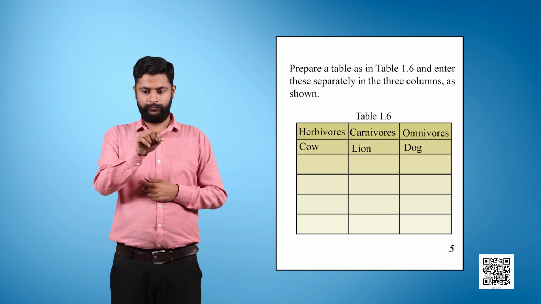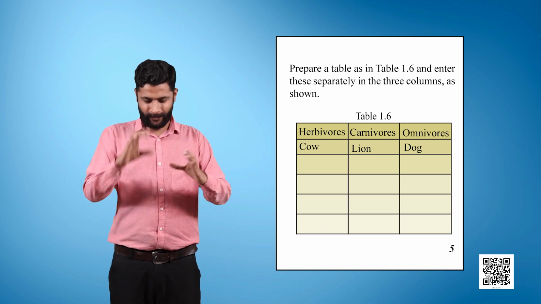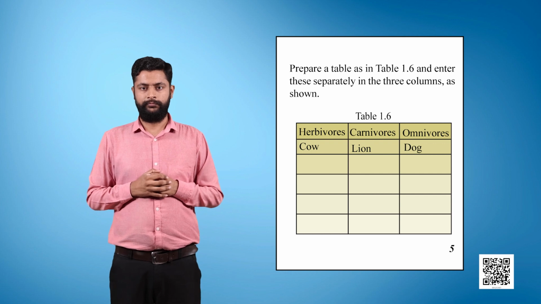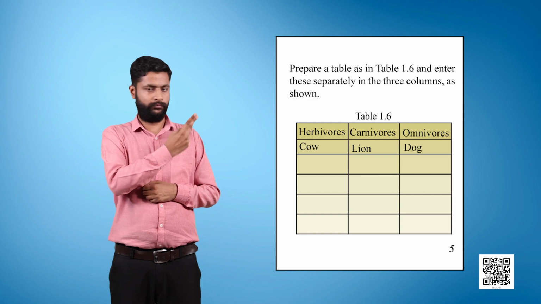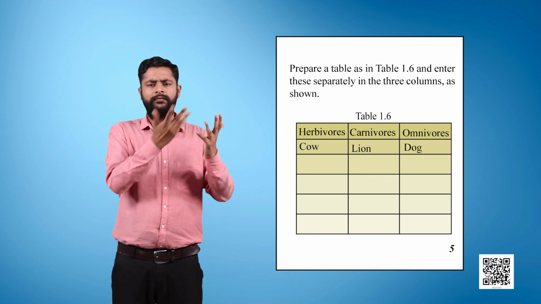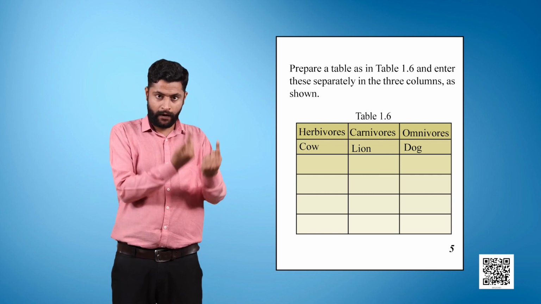Prepare a table as in Table 1.6 and enter these separately in the 3 columns as shown. Table 1.6. There are 3 columns: herbivores, carnivores, omnivores.